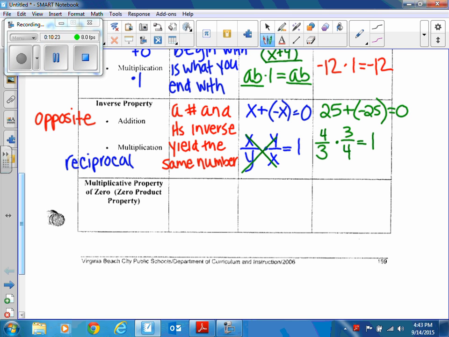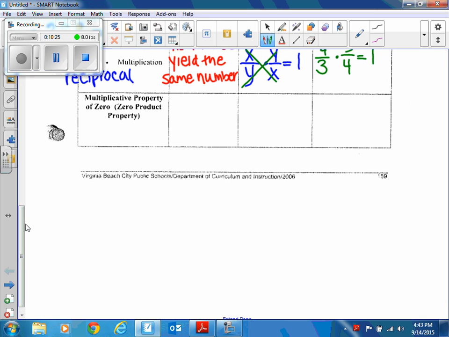Next one we have the multiplicative property of 0. And this you've probably learned 1,000 times. That's just saying that anything times 0 is, we all know, 0.